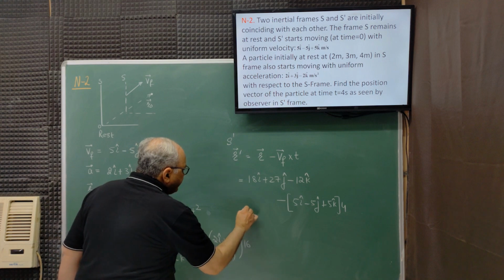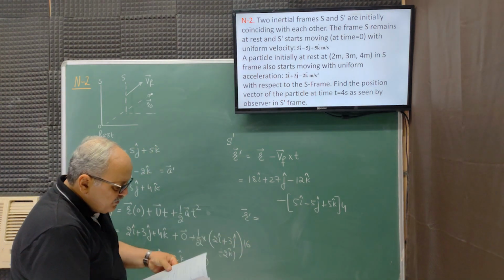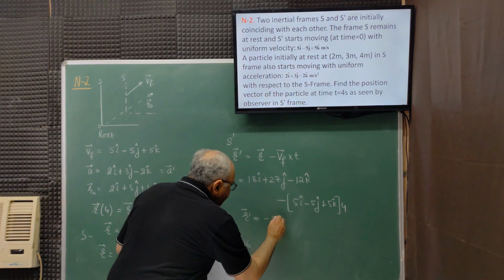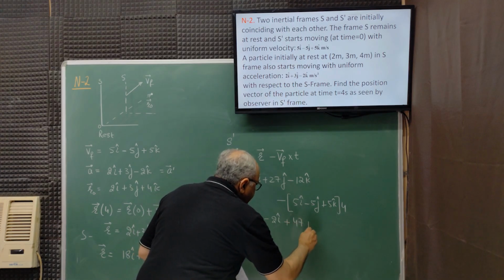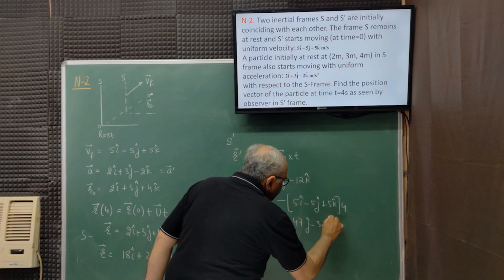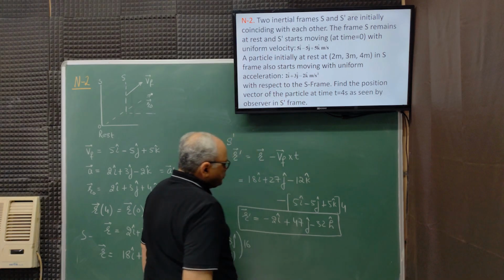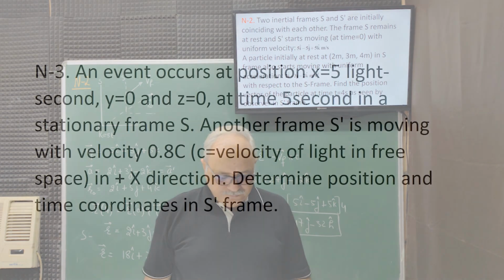If you solve it, you will get the value as minus 2i cap plus 47j minus 32k. So this is the answer for numerical number 2.